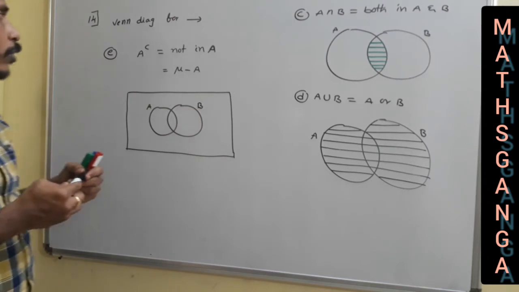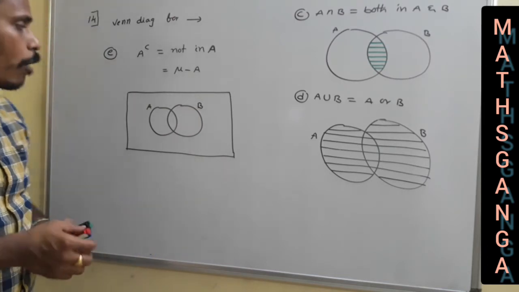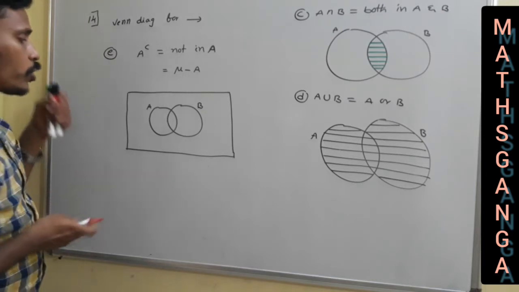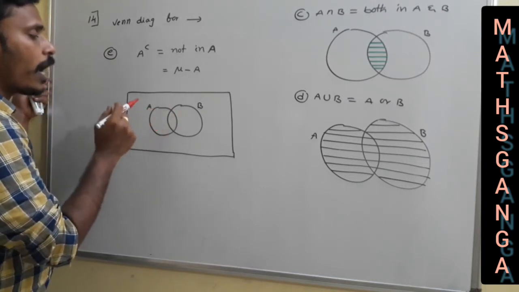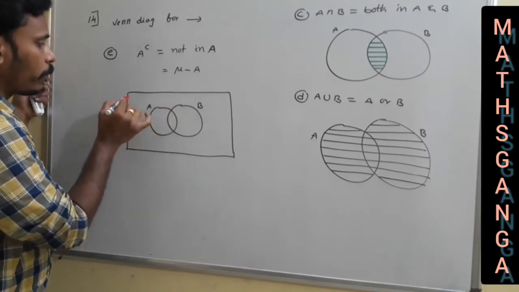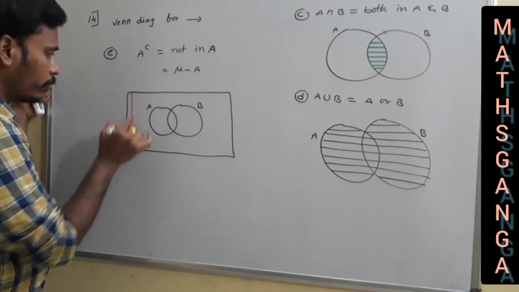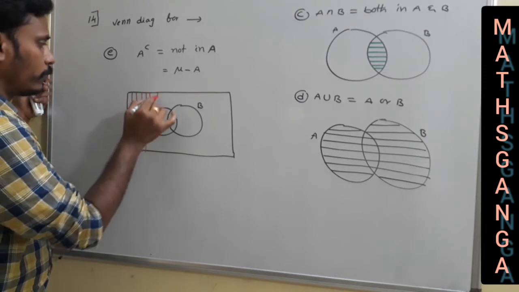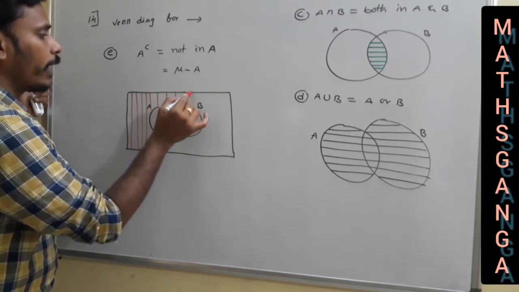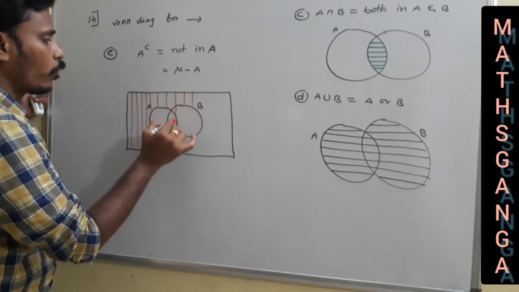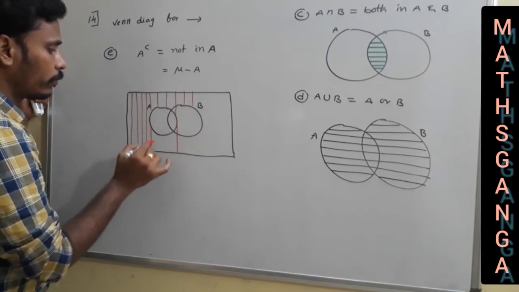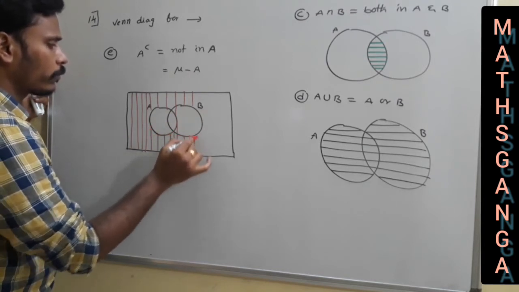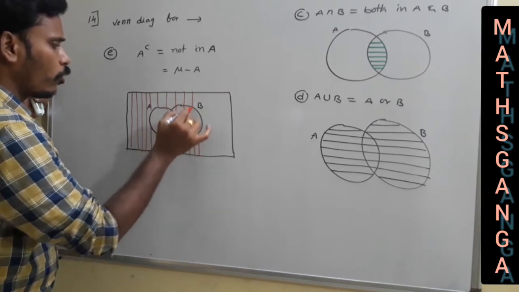And then now think about A complement. A complement is the region which is outside of A. So you just don't shade this A and shade all the remaining part. Don't enter into A. Okay? But you are allowed to enter into B, right?